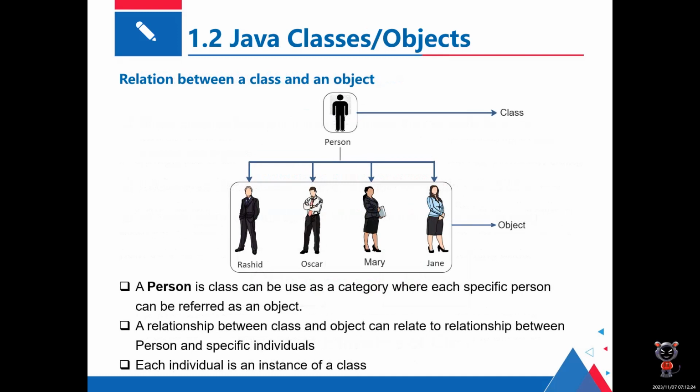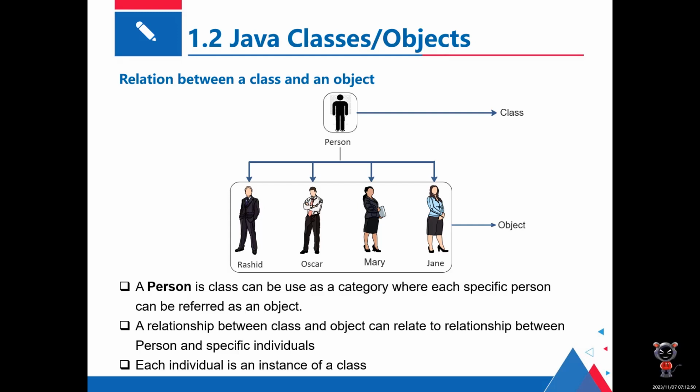To further clarify, let's see this example in which we have a person class and we have four objects. Person is a category which has a certain set of behavior, and so we can represent different sets of behavior as one. So we can create a class of a person. A person can be a woman, a person can be a man.